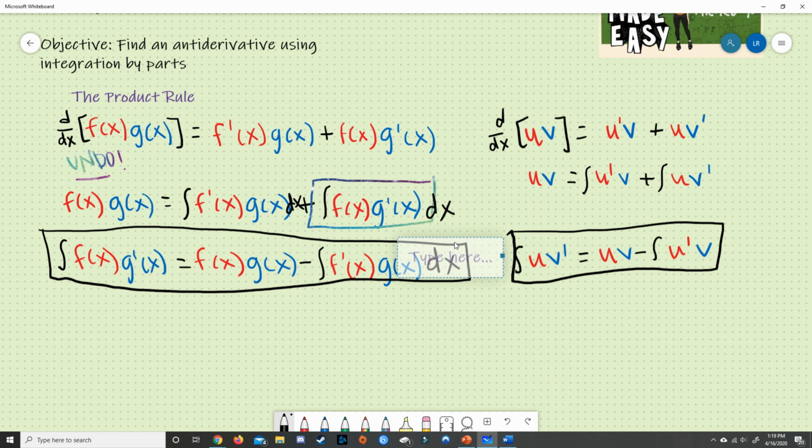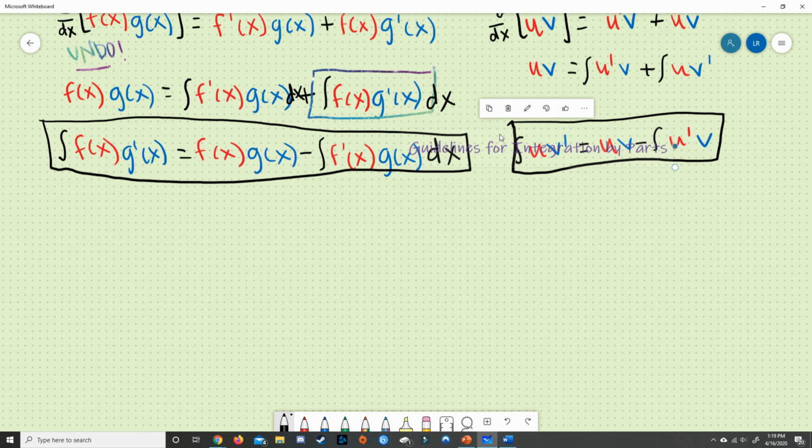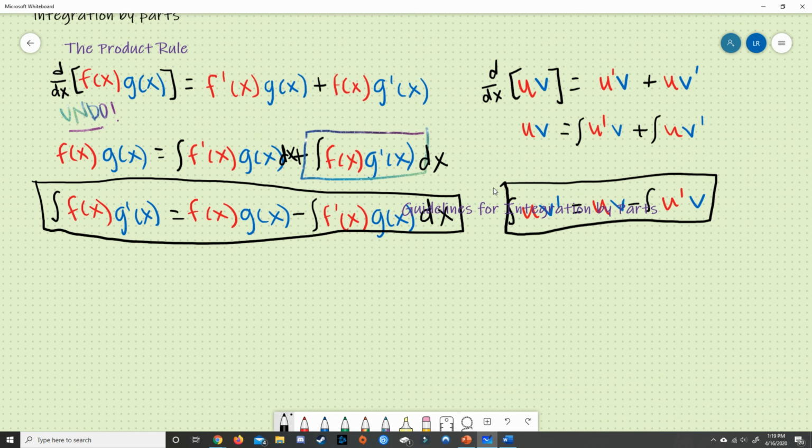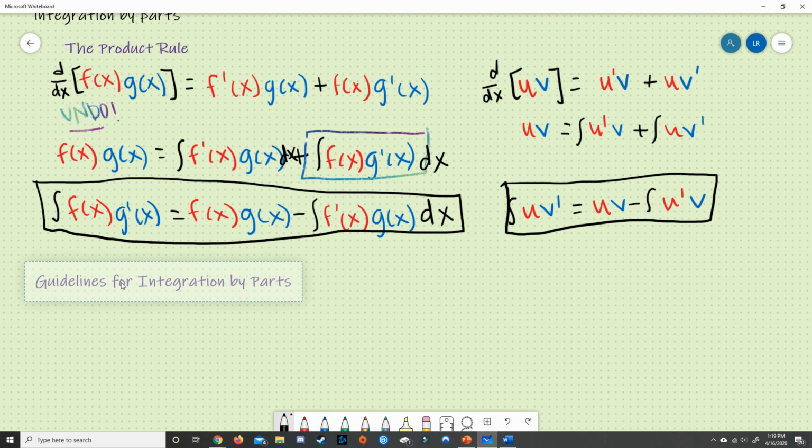I'm going to type them out because I'm not super great at writing with my pen yet. So, guidelines for integration by parts.